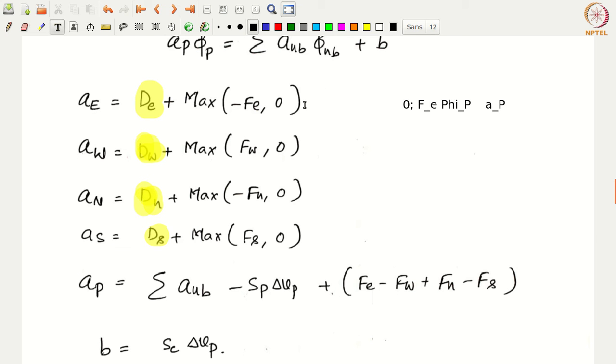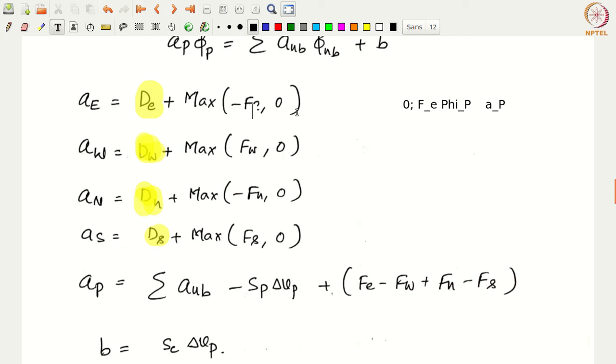Now that is fine if your FE is positive. What if FE is negative? Then the contribution has to be added to A east, and there should be no contribution to AP. But because we have written it here, this may not be correct, so let us check that. If FE is negative, what will be returned by the maximum of minus FE comma 0?